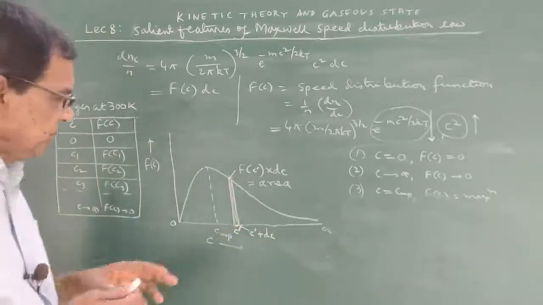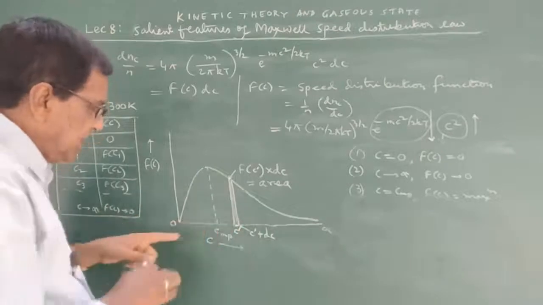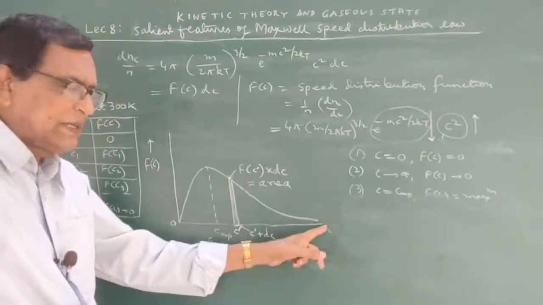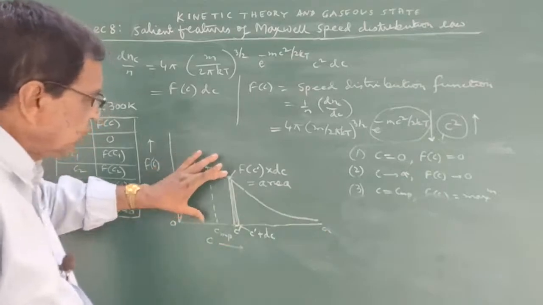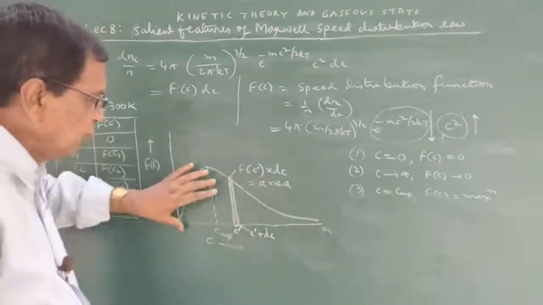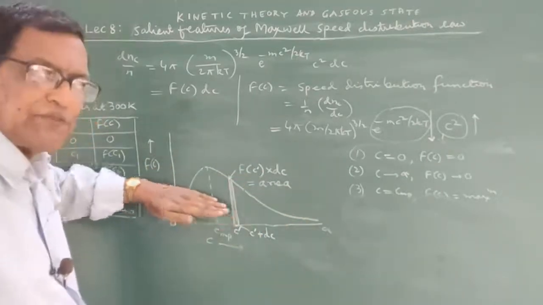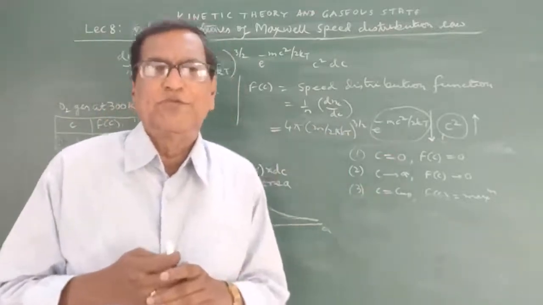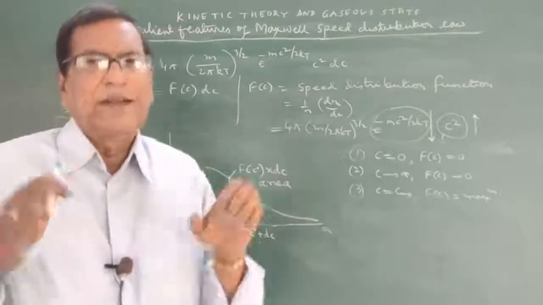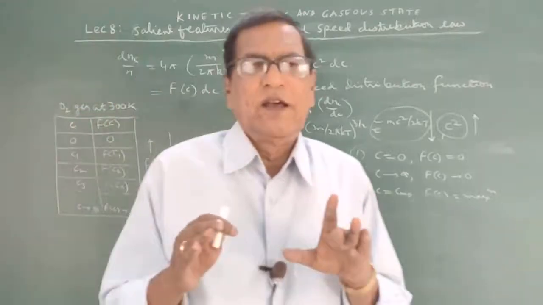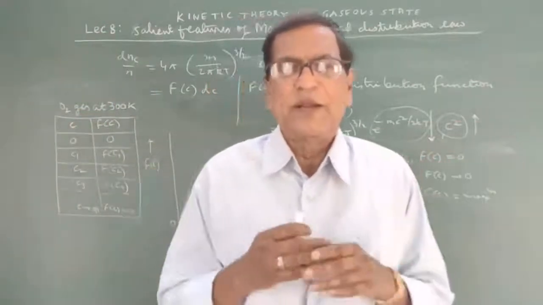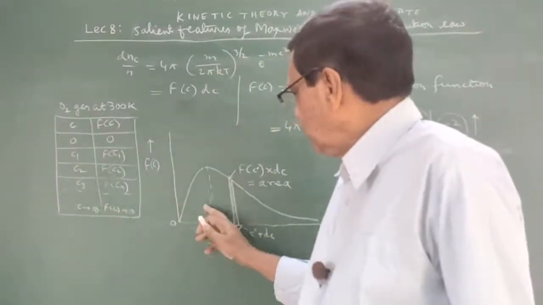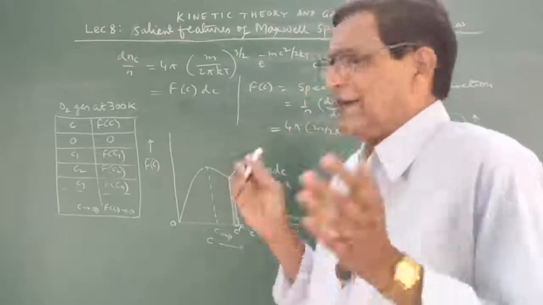So if you vary c' from 0 to infinity, it will give you the full area, and the full area under this curve will give you the full fraction of the molecules, meaning 1. Full fraction of the molecules is equal to 1, meaning the area will be equal to 1.